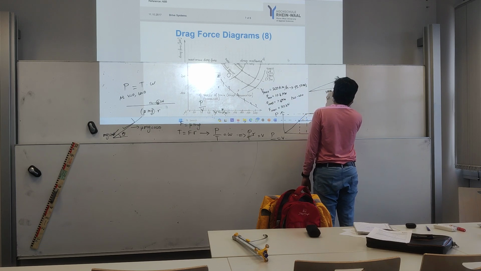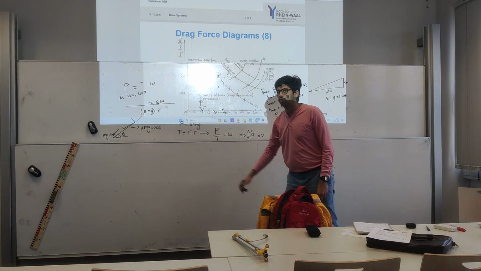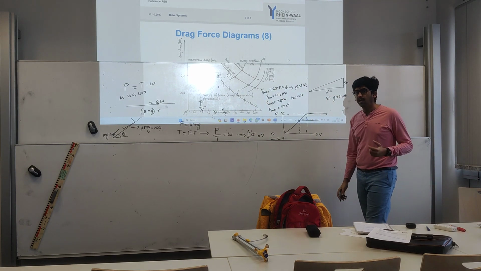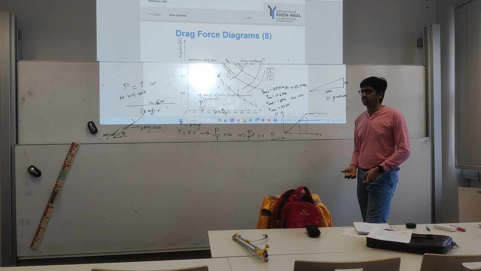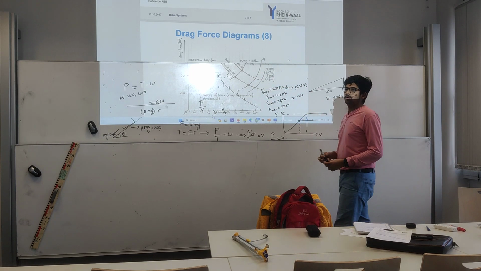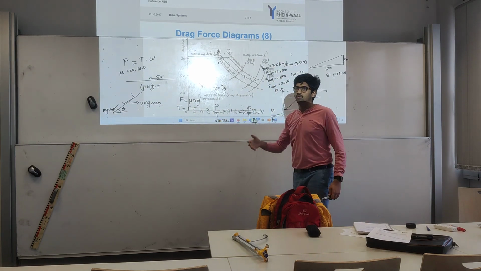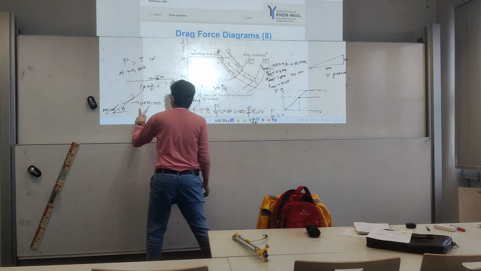So like I said, your tractive capability decreases on the hill. The gravity is pulling you back and your normal reaction has gone down, so you have lesser friction. So the whole thing is shifted down. So in the same graph, imagine if you draw a new curve for the case of this.